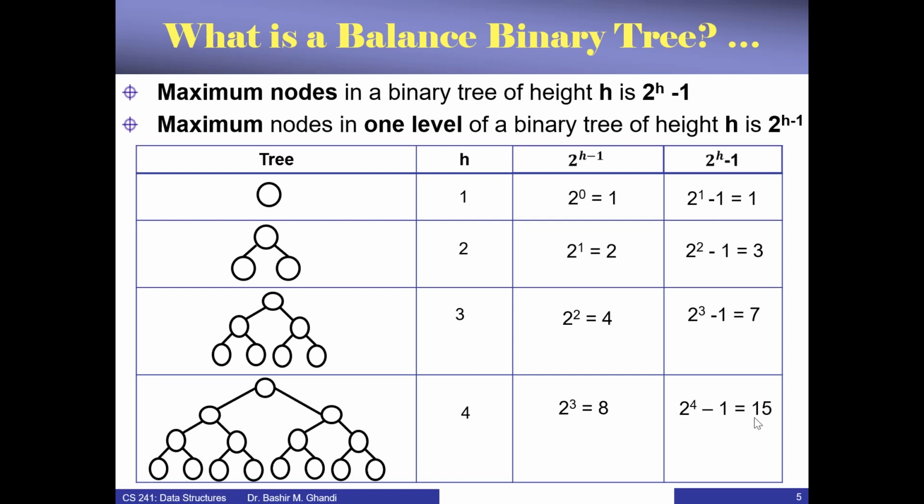Now, what is the importance of these formulas? The importance is that if you remember how we search in a binary search tree, we keep going either left or right until we find our target or until we reach an empty tree. Now, the maximum number of comparisons that we have to make in any search is equivalent to the height of the tree.